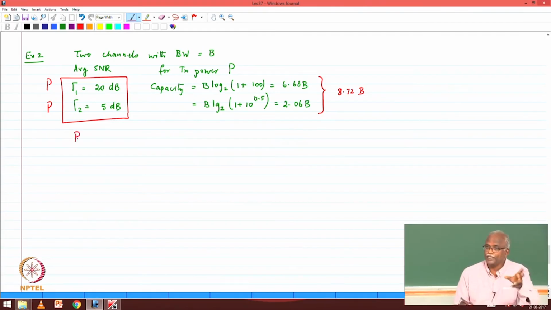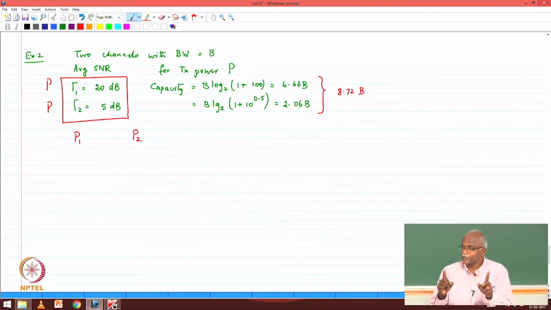Instead of feeding P, let us assume that I will feed P1 to channel 1, P2 to channel 2, with the assumption that P1 plus P2 must be equal to 2P. I can distribute the power, I can vary that. Based on that, I will get C1 and C2, C1 plus C2. Okay.